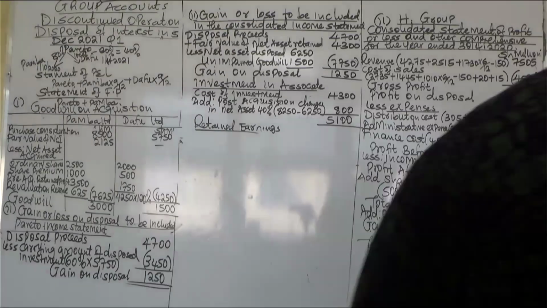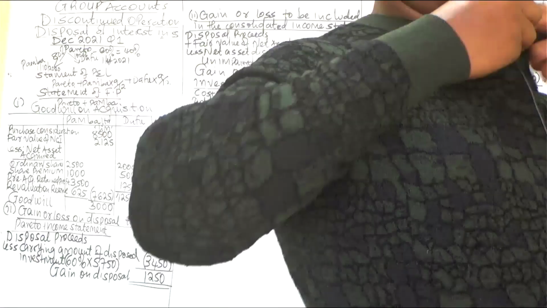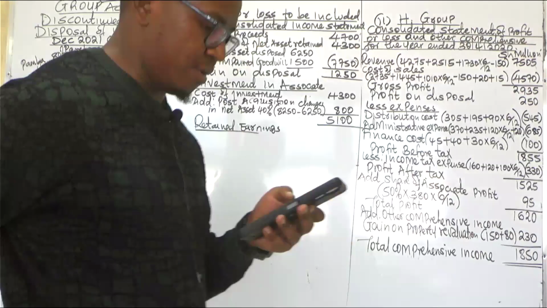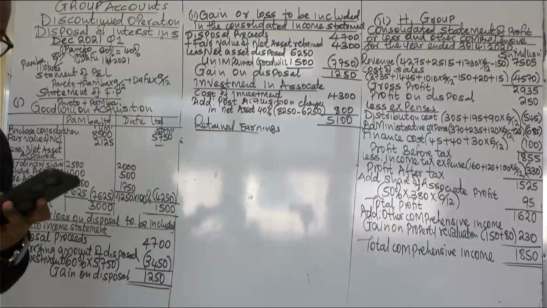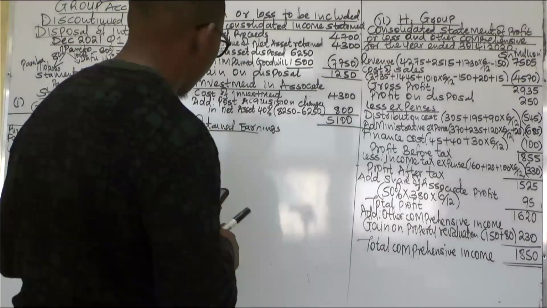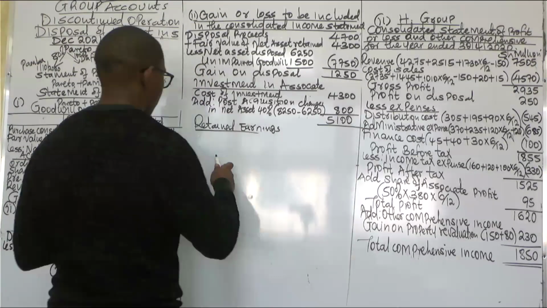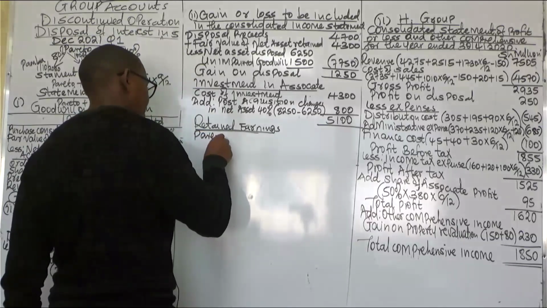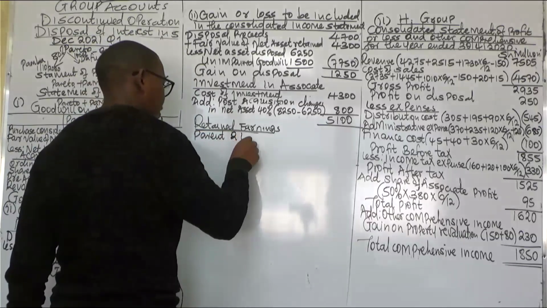So we can now finalize. So we go to the retained earnings. We'll begin with the parent retained earnings.